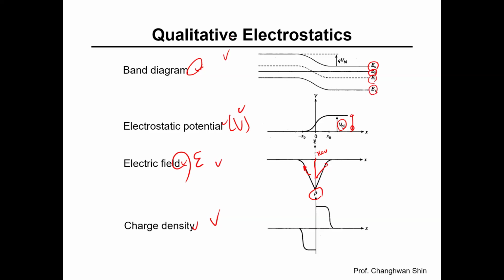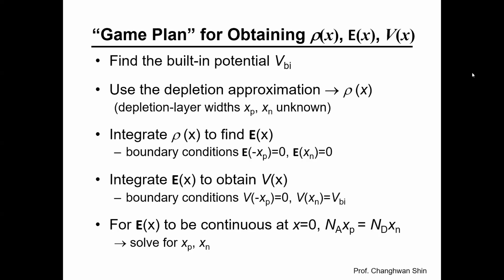So now that we have a qualitative understanding from this slide, let's build up a systematic approach, our game plan for quantitatively analyzing PN junctions. We will work from fundamental principles to derive expressions for the charge density, rho of x, electric field, E of x, and potential, V of x.